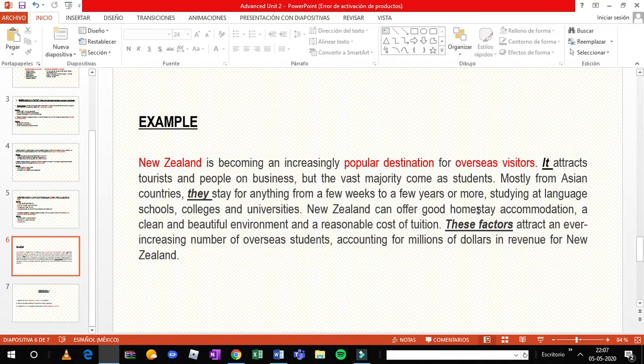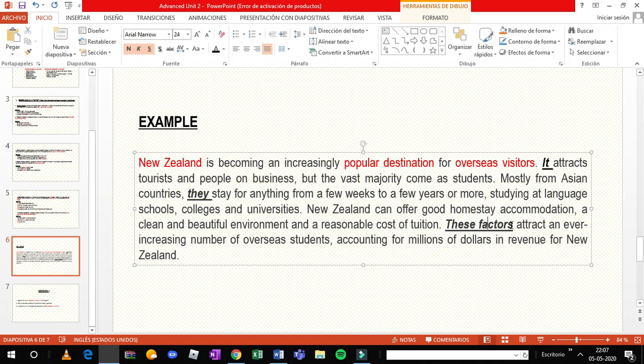In this case, we don't have just these; we have the word factors included. So it's easier for us to make the identification of these words. The factors are the ones previously mentioned.